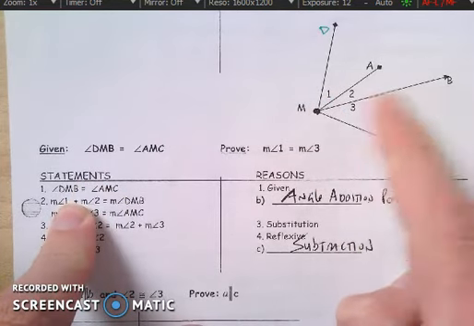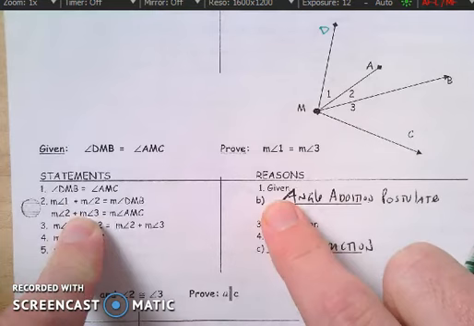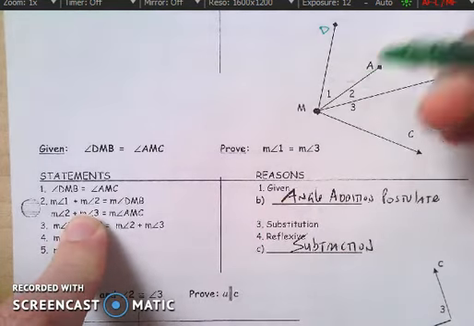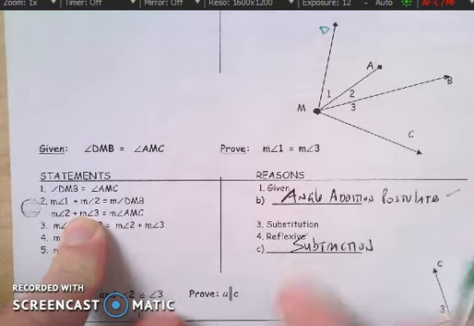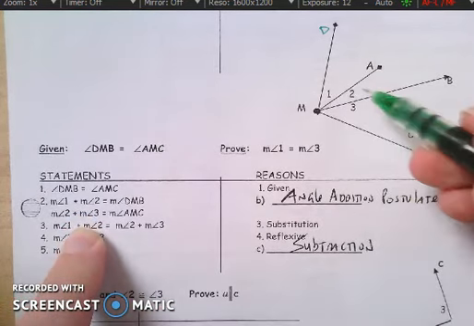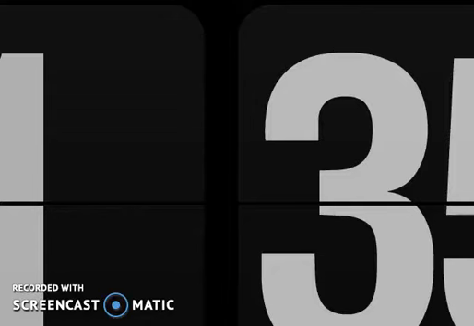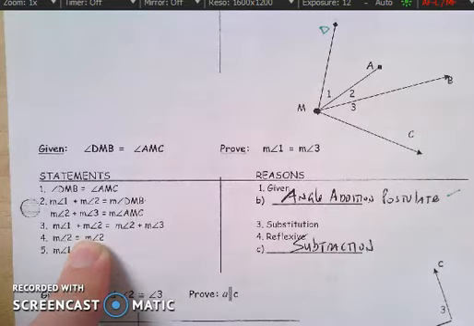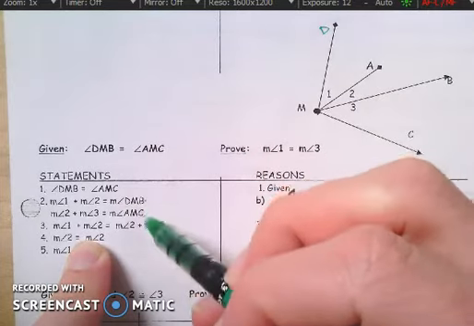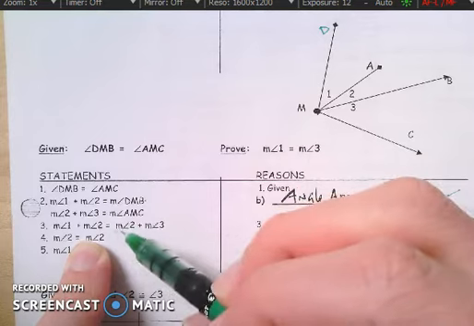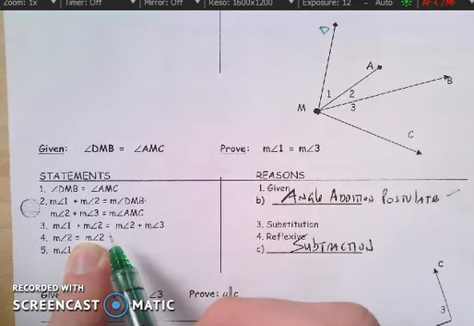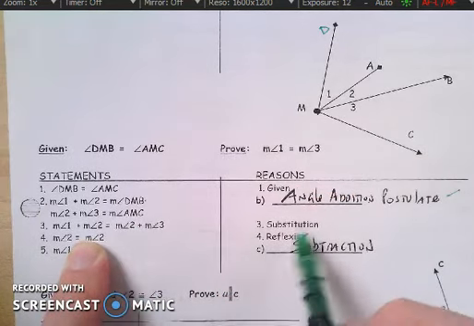So DMB and AMC are congruent, that's given. 1 plus 2 equals DMB, so here's 1 and 2, they add up, that's the angle addition postulate. Then we substitute that, and 2 and 3 add up, that's also the angle addition postulate. Since we know that these two equal each other, we set them equal to each other. And when they're equal to each other, we did a substitution property.